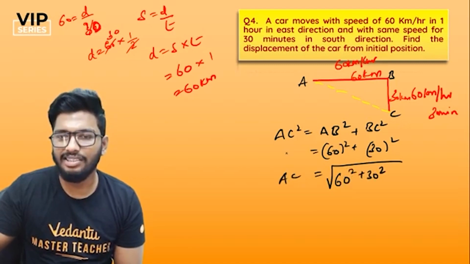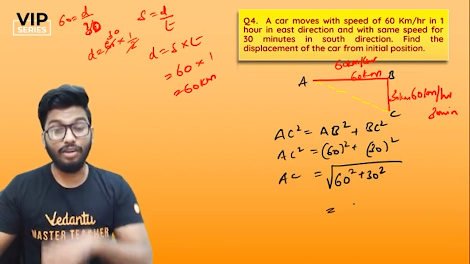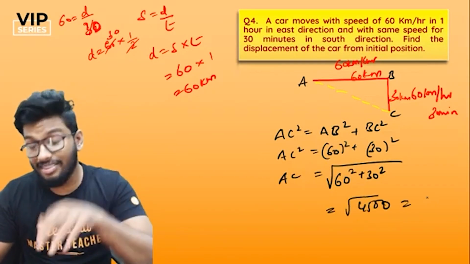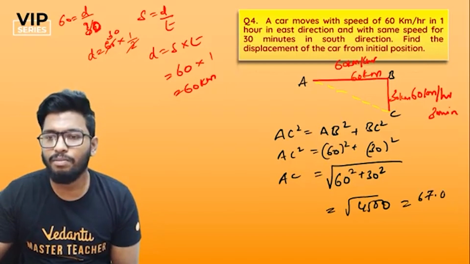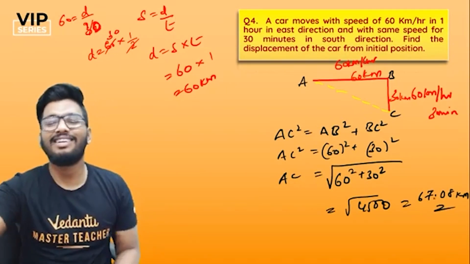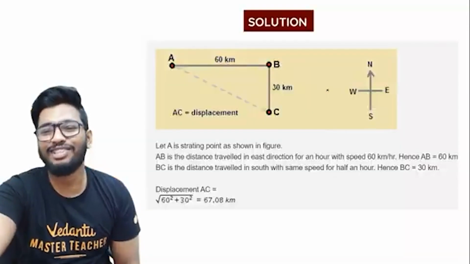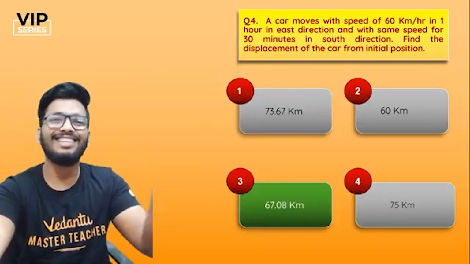If you calculate this, you'll get something around 4,500, and if you simplify this, you'll get 67.08 kilometers. So that would be the displacement, the distance AC. What is the distance? 67.08 kilometers. That's all, guys. That will be the answer.